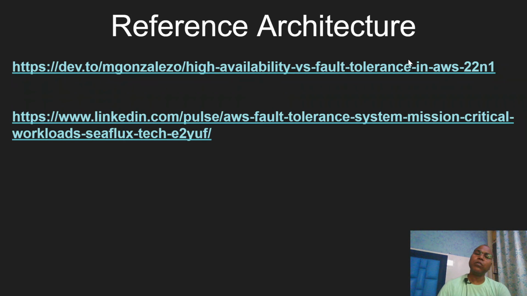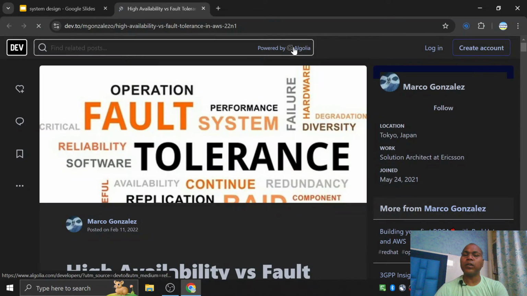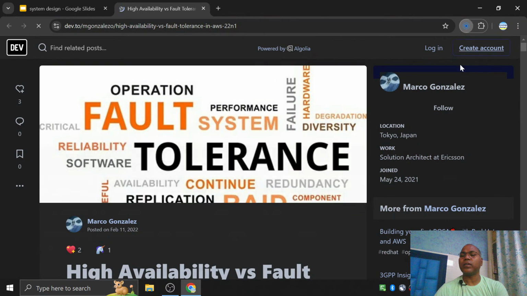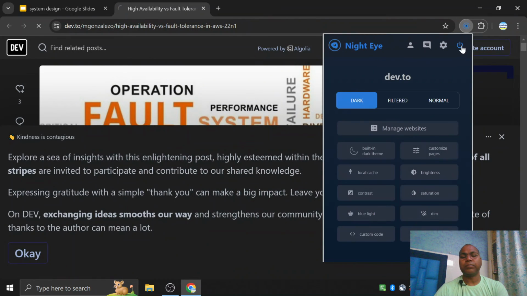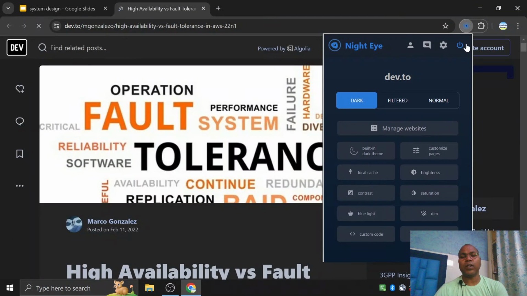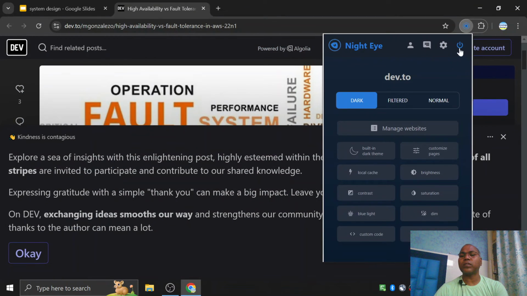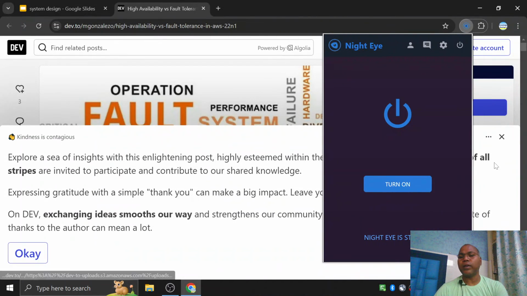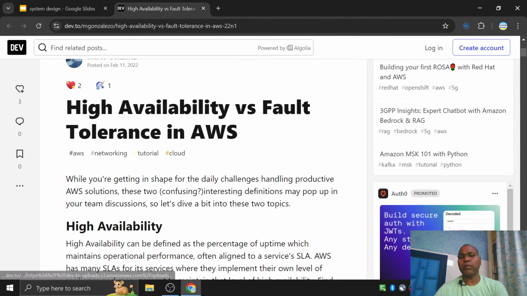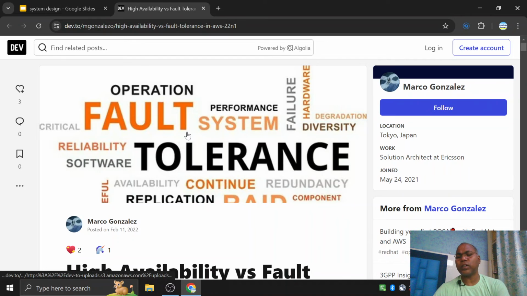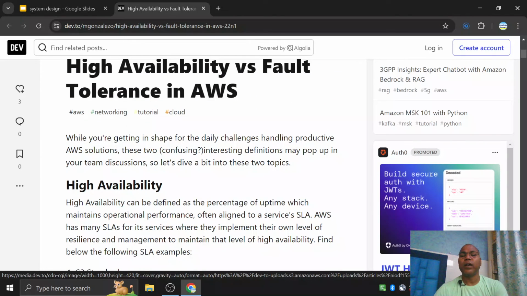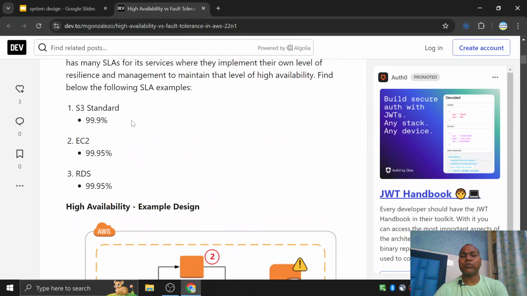So let's look at some reference architecture documents, which are already implemented by different systems. You can just Google it, whatever system you are using, like Netflix or AWS or Amazon, and you can find all the reference architecture documents on how your system should be highly available.